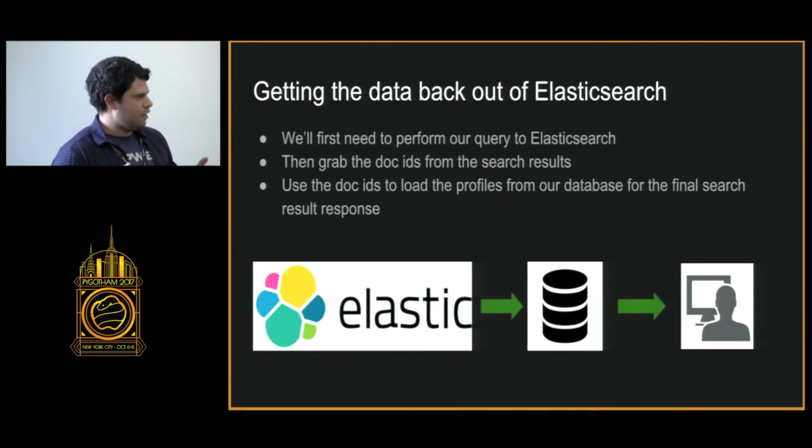We're going to grab the doc IDs from the search results. So in the results, you'll have all the locations that Carmen Sandiego has been, and those will each have doc IDs associated with them. And then we'll use those doc IDs to load the profiles from our database for our final results, and then return that to the end user.